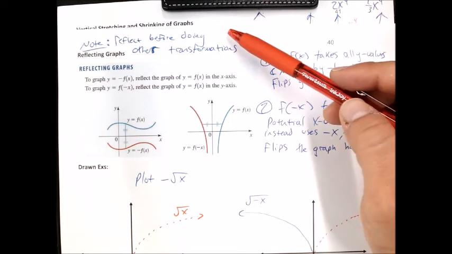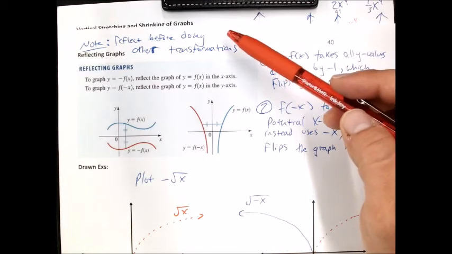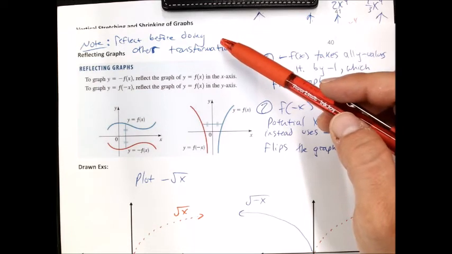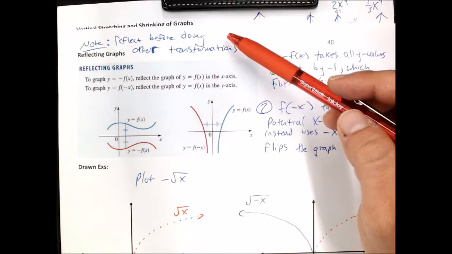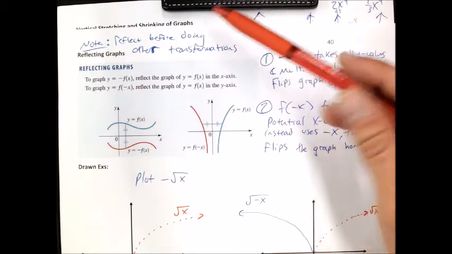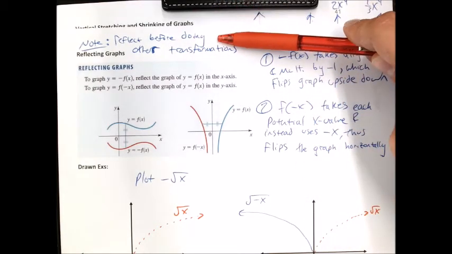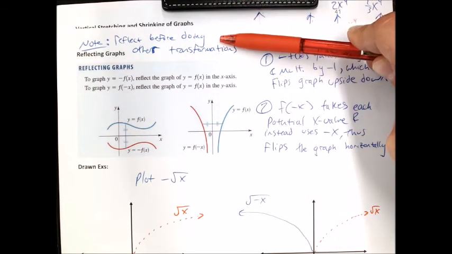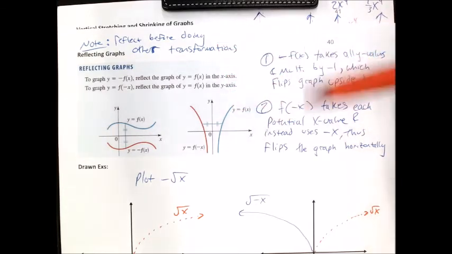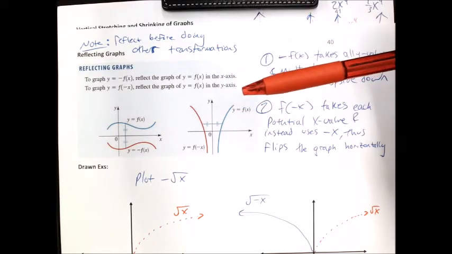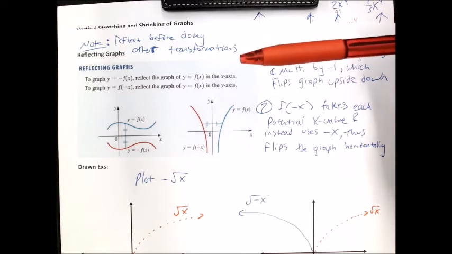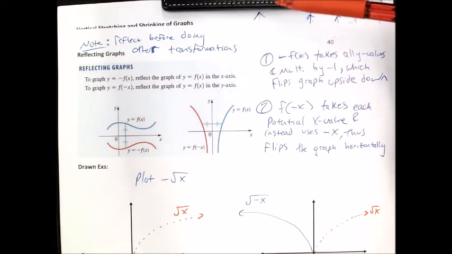Because if you shift something and then reflect it, that's different than reflecting it and then shifting it. The problems I've seen in the homework and the ones I usually assign expect you to reflect before doing any shifting. We're not going to spend a ton of time on this. We're just going to get the idea in this homework set, and then we're going to use this concept on other functions: logarithms, exponentials, and trig functions.